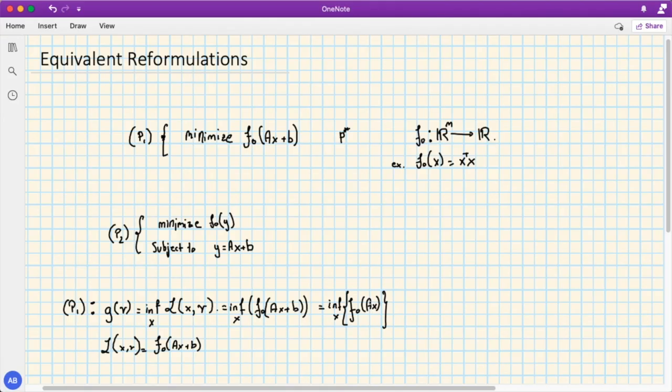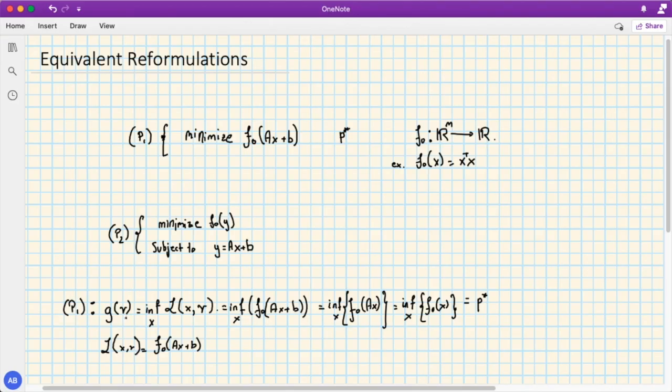And since A is a linear transformation, it's the infimum over x of the function f0 of x. That is the min of the function f0 of x, which is p star, the optimal value. So this constant p star is your Lagrangian dual function. Okay?